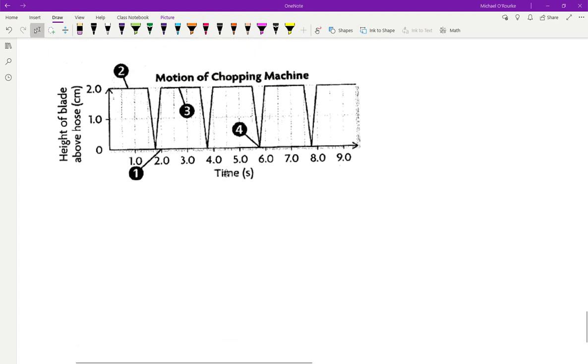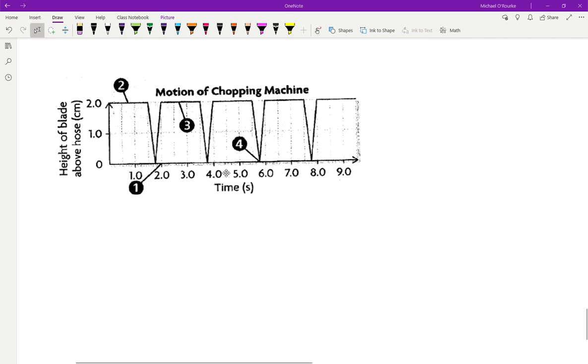So, first question, is this periodic or not? Yes or no? Yes. Okay.